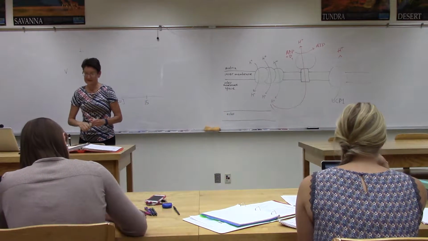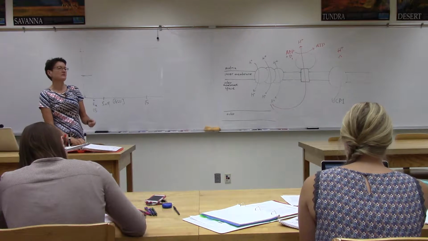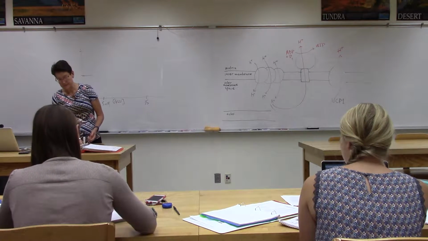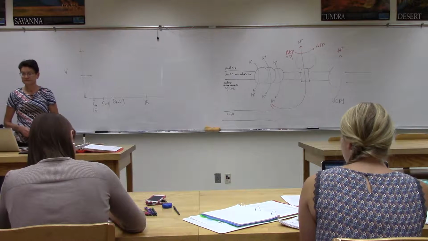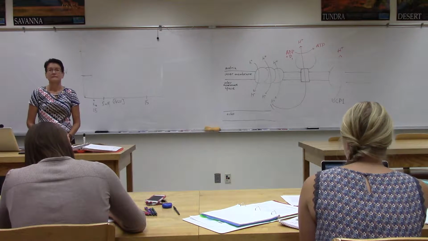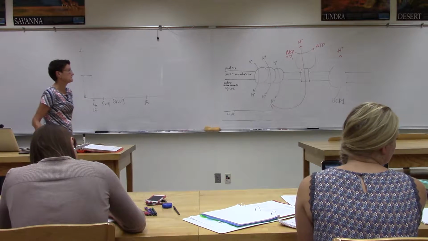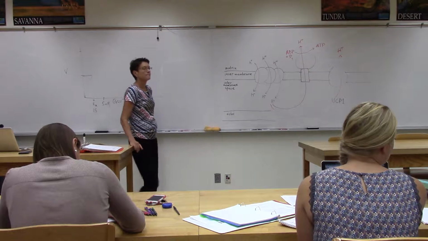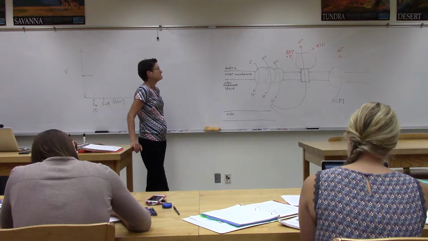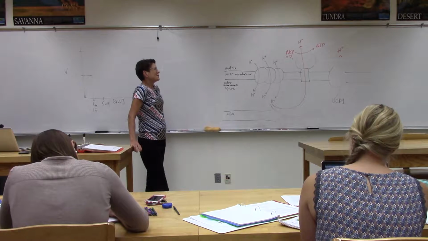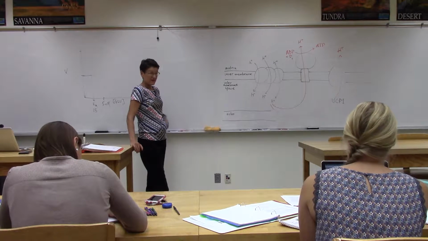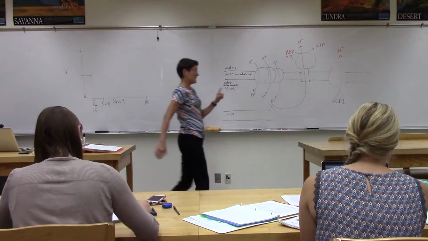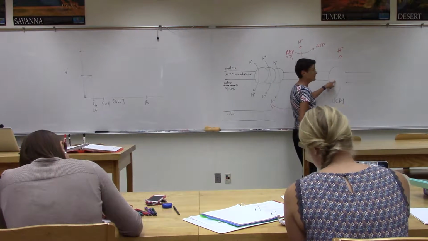So maybe Bob had a lot of brown fat and broke down glucose but generated nothing from it. So does the brown fat not have the ATP synthase, or does it also have that, but the hydrogen goes through this protein? It probably has both, but there might be a higher ratio of this.